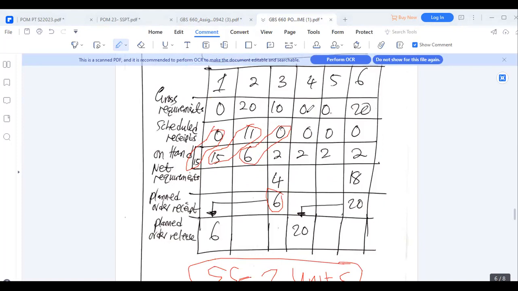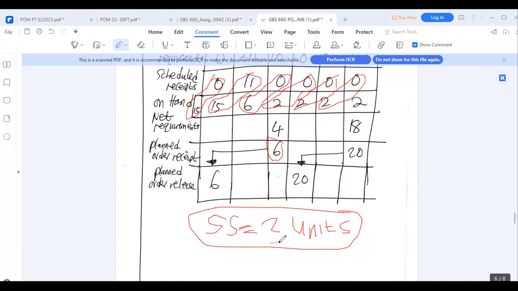So 2 plus 0 minus 0 is 2. So we're adding these. And then here, 2 plus 0 minus 0 is 2. Now here, 2 plus 0 minus 20 is 18. We would have ordered 18, but because inventory should not fall below the safety stock of 2 units, that's why we ordered the 20 units, so that after ordering 20 and sorting out this problem, we can still remain with a buffer stock of 2 units.